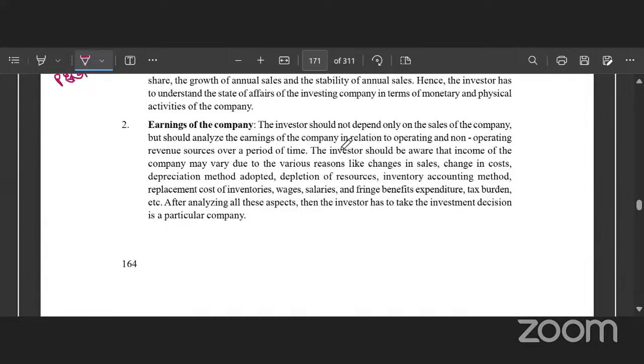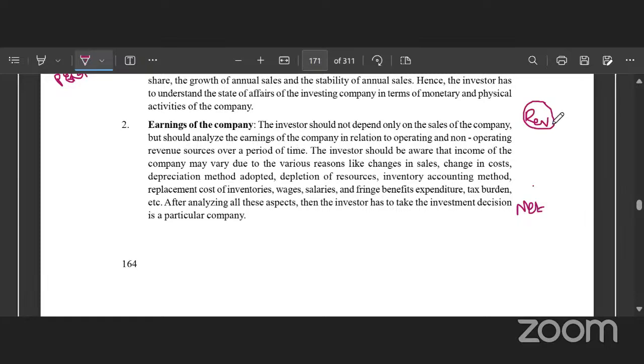Now, earnings of the company. This is the bottom line. You should not depend only on the sales of the company. If you see the income statement, the top line is revenue and the bottom line is net profit. You should analyze the earnings of the company in relation to operating and non-operating revenue sources over a period of time.